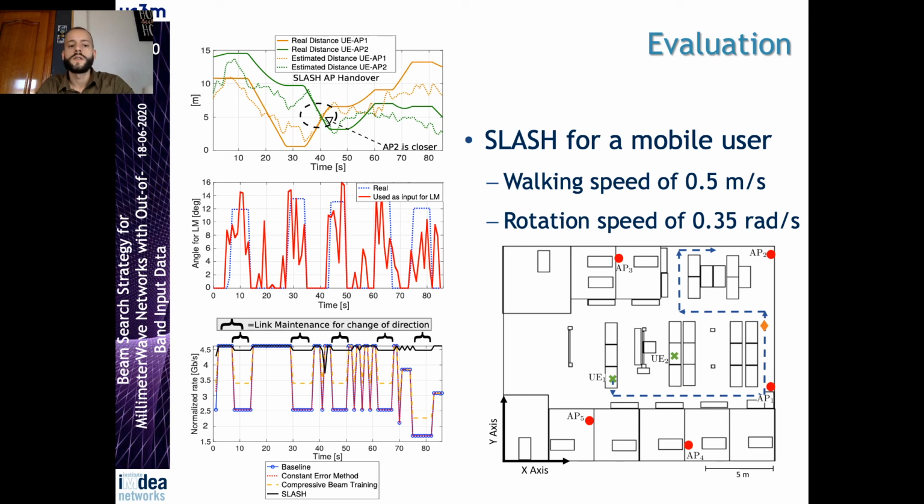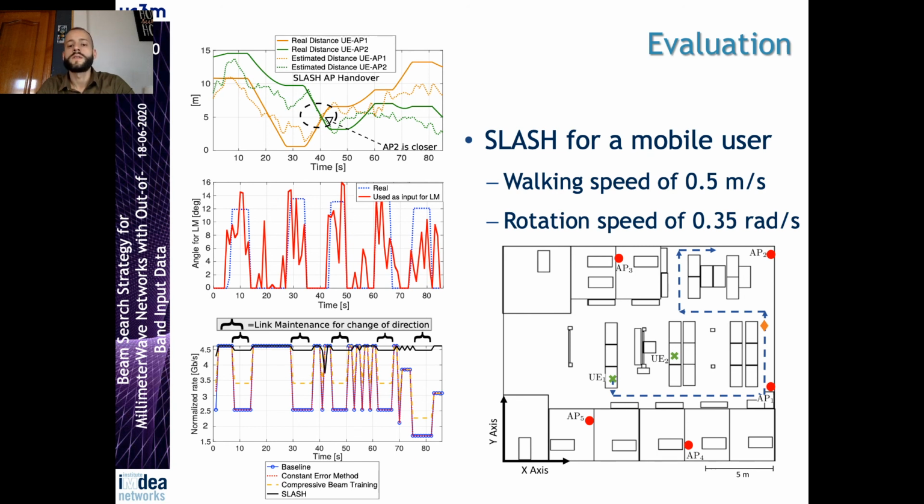In this case, we can see first of all, in the first plot, the real distance and the estimated distance provided by the sub-6 gigahertz system. As you can see, there is also the estimation of the angle, the rotation, during the link maintenance.